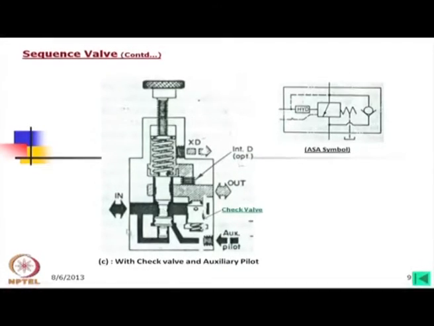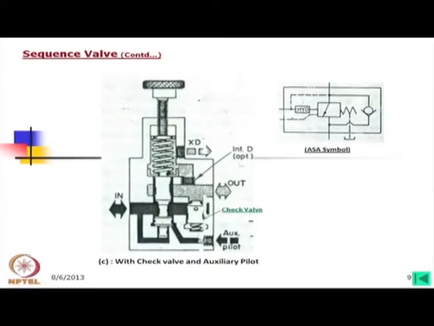But definitely this valve will be expensive, and as you see there is an external pilot. Of course, it was there in the earlier one also. Now, if we would like to operate from the outside, we can operate this. Now, remember, in that case we are forcefully moving this spool.